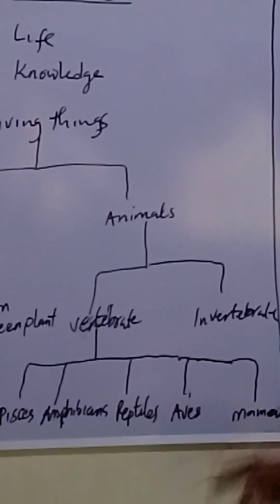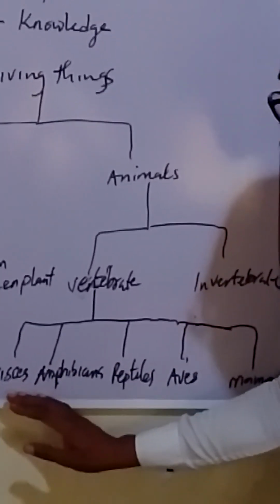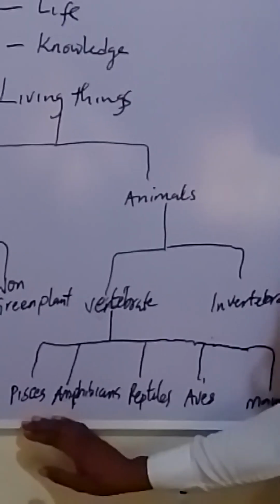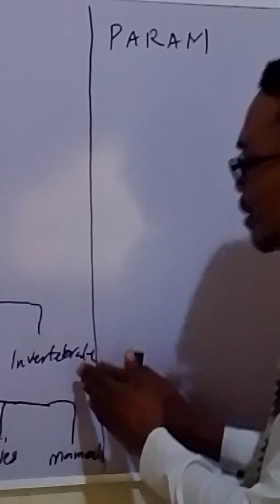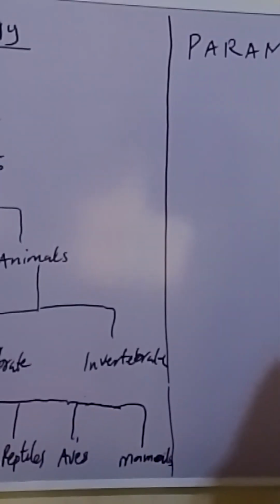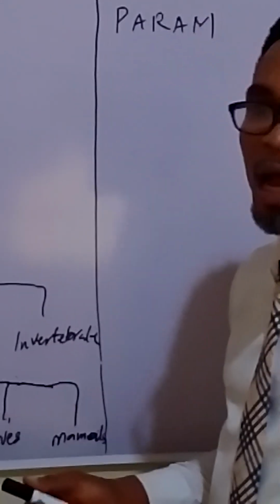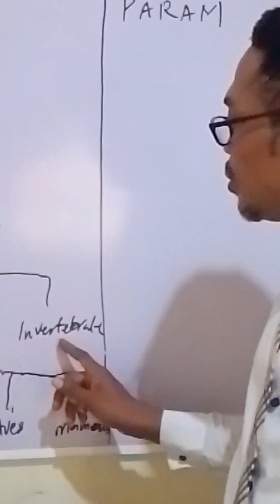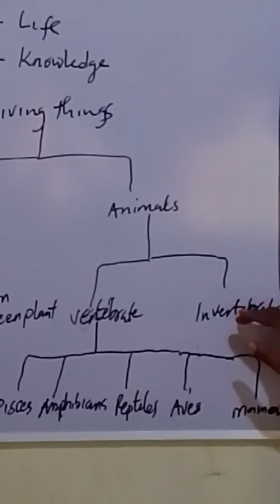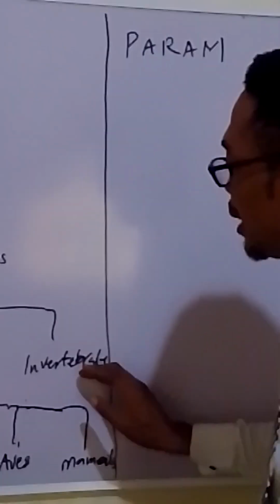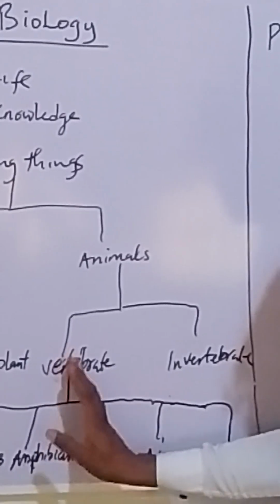All of them have a backbone, and that is why they belong to the group we call vertebrates, because vertebrates are animals that have a backbone. Invertebrates are animals that do not have a backbone. There are so many animals that do not have a backbone, and they belong to this group. So all animals that do not have a backbone belong to the invertebrates, while animals that have a backbone belong to the vertebrates.